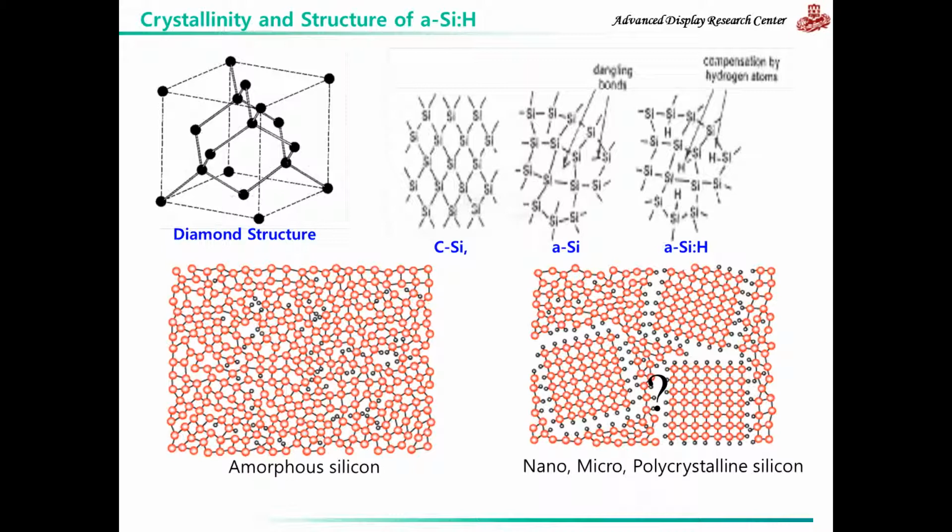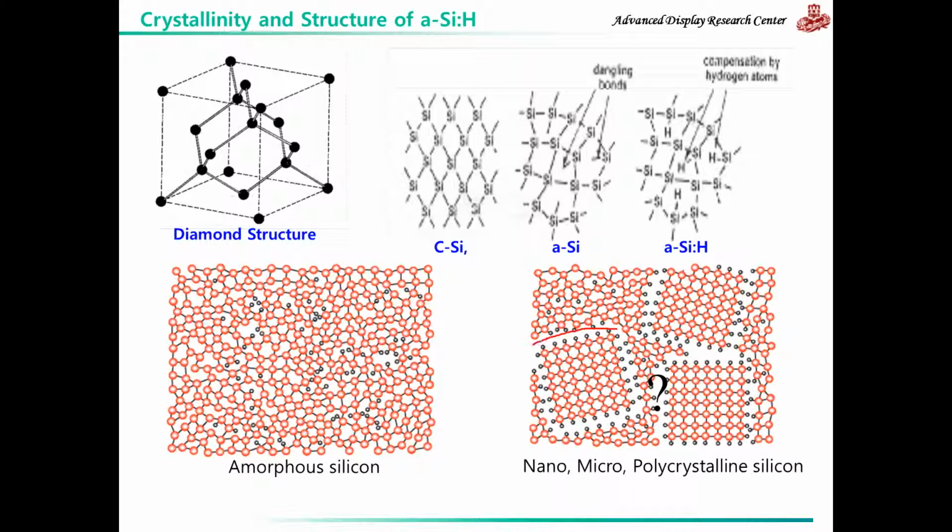Now, there are many flavors of amorphous silicon, namely nano, micro, and polycrystalline silicon. Here, there is some degree of order in the arrangement of atoms, but the order is in short ranges called grains.